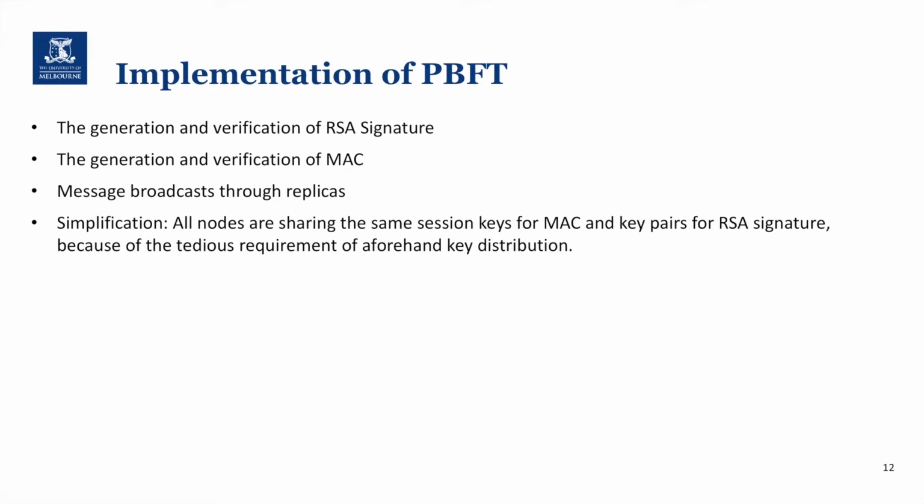And the second issue is the generation and verification of MAC. We achieved the generation of MAC by simply calling the corresponding API in Go, and we use SHA-256 as the hash function in the MAC mechanism. If you want to check the MAC on the other node, just use the same session key to generate a new MAC and compare it with the expected MAC.